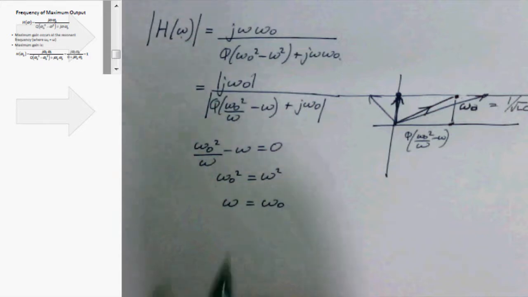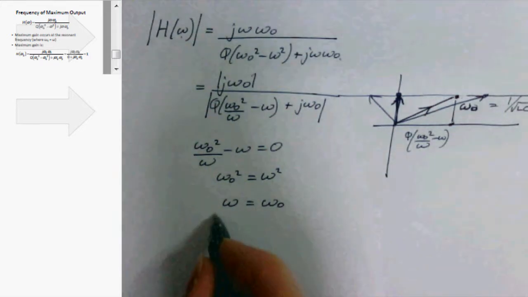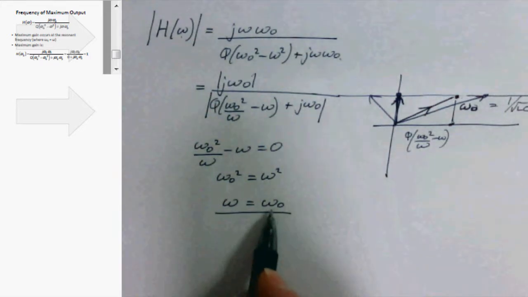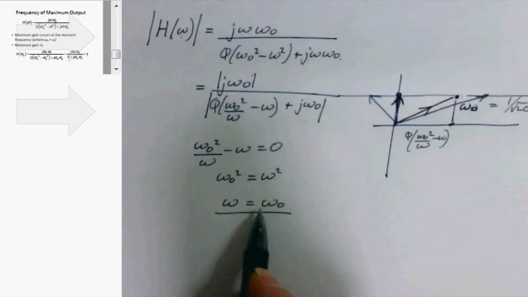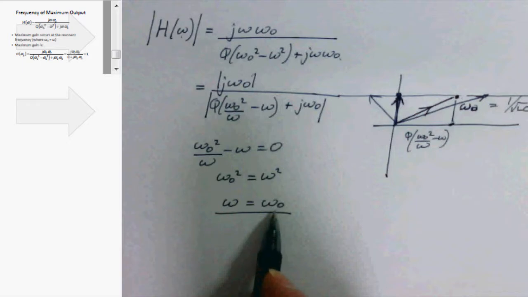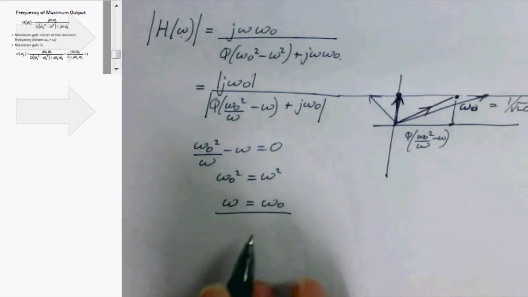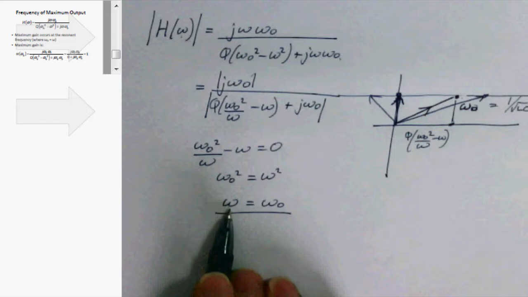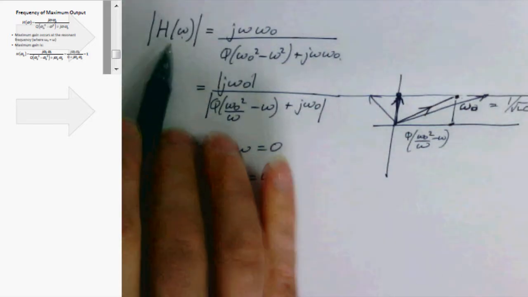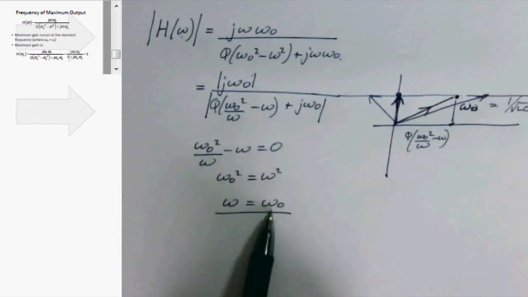So, in this case, our maximum value does always happen at omega naught. In the case of the first circuit we looked at, that was an approximation that was only valid at high values of Q. For this bandpass filter, it's always exactly true. The maximum amplitude of the output happens at the resonant frequency.